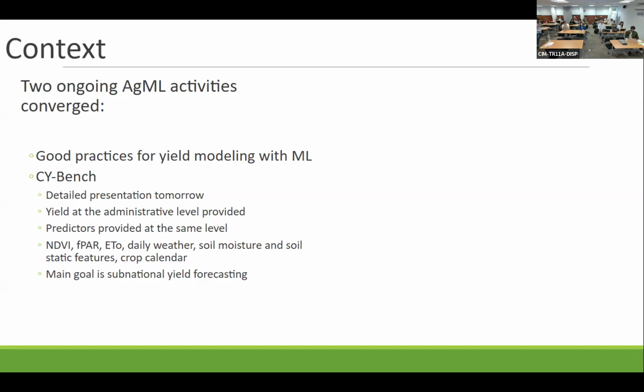And there are predictors associated with the yield, with the same level of the yield. This was part of the work they did. So there's NDVI and daily weather and these other features that I'm listing here. And the main goal of that activity was subnational yield forecasting.